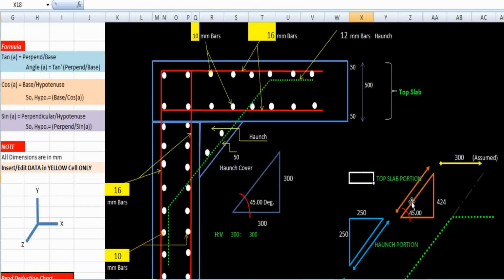As the angle is 45 degrees, which was mentioned earlier, we have to calculate this length. How can we get it? We get it easily from the top slab value, that is the top slab having the dimension of 500 mm, by deducting this value of 50 mm cover, minus the diameter of this 16 mm rebar, and minus the diameter of this 10 mm rebar. Okay, so it will give the dimension from here to here.